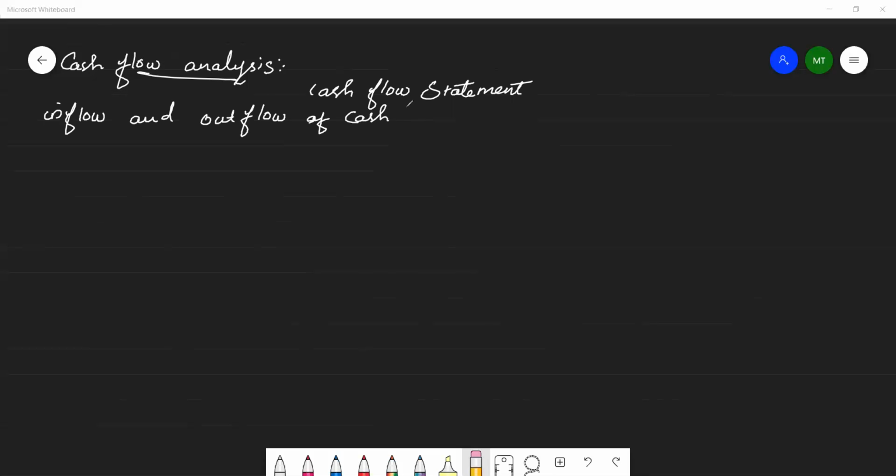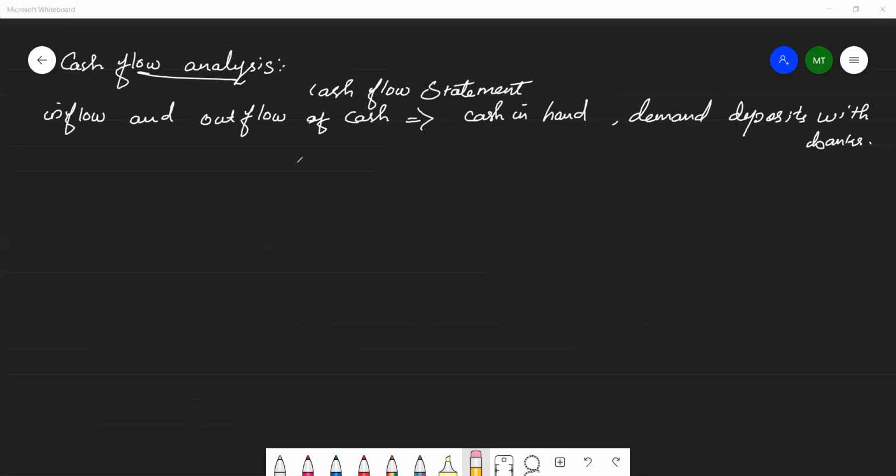Cash includes cash in hand and demand deposits with banks.